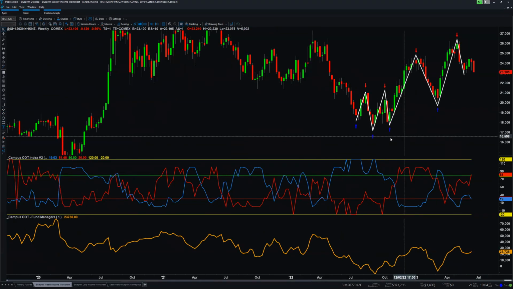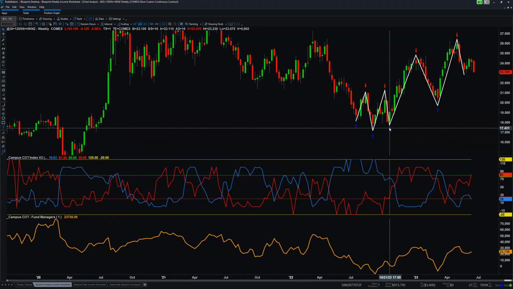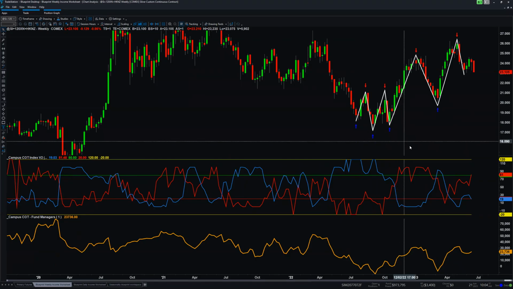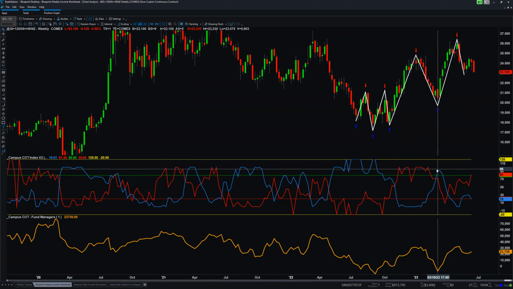So what do I have? Well, I have 2 higher lows. I have 2 higher lows and I have 2 higher highs. And I can also see, well, those lows usually come from commercials being bullish and retailers being bearish. And so that was a nice area.